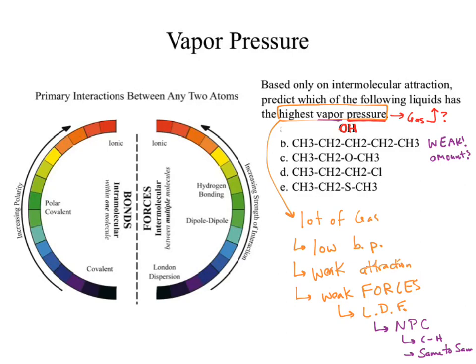Move to B, what do we see? Carbon to hydrogen, carbon to hydrogen. Ooh, carbon to oxygen. Is that a non-polar covalent bond? No. What does that mean? It's not right. We move to D. Carbon to hydrogen, carbon to hydrogen, carbon to hydrogen.